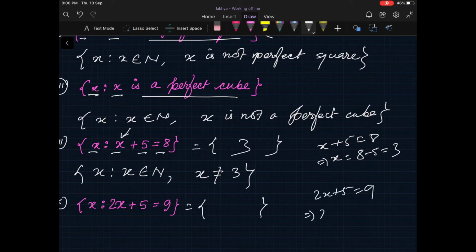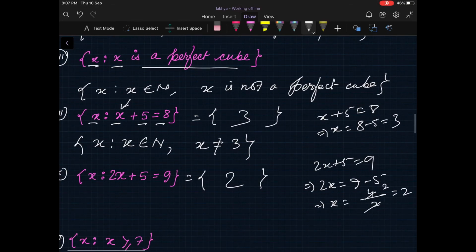So here twice x plus 5 is equal to 9, given. So what will be the value of this? Twice x will be definitely 9 minus 5, that's equal to 4, so x is equal to 4 by 2. Cancelling these two, we will get 2. So this contains 2.